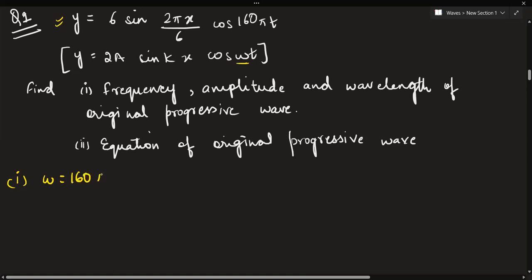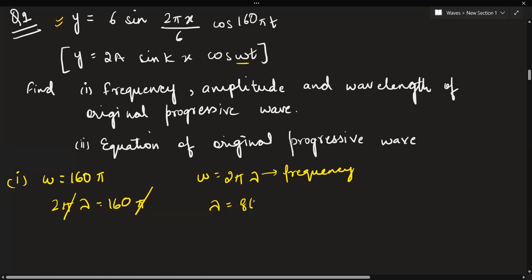Omega will be 160 pi. So see, omega is equal to 2 pi nu. Nu is the frequency. This is the relation between angular frequency and linear frequency. So 2 pi nu will be equal to 160 pi. Pi and pi will get cancelled, and then frequency will be 80 hertz. Is this clear? Yes, ma'am. Okay.